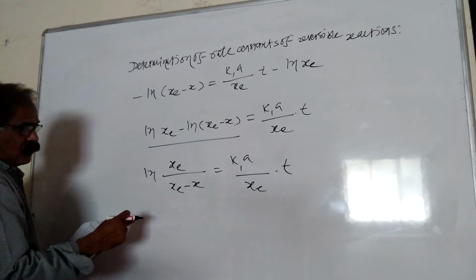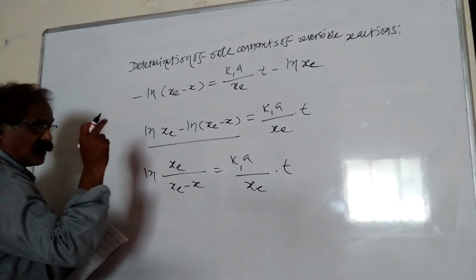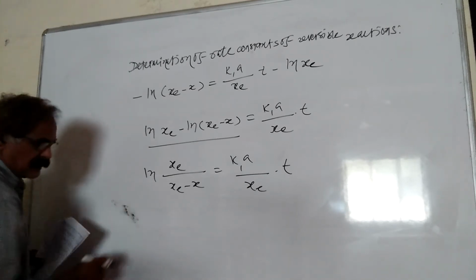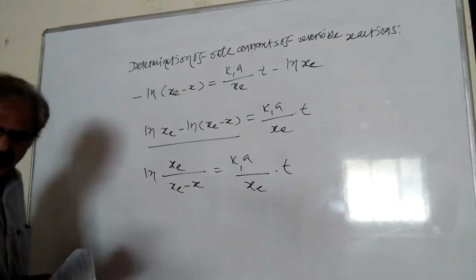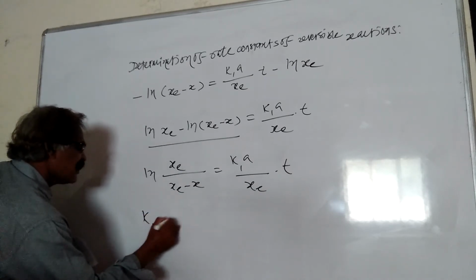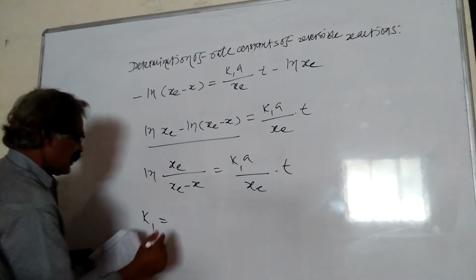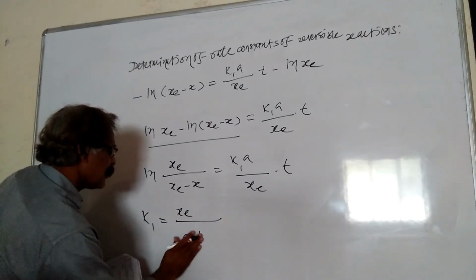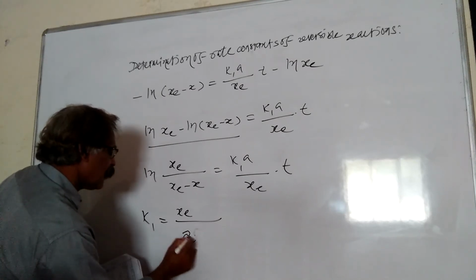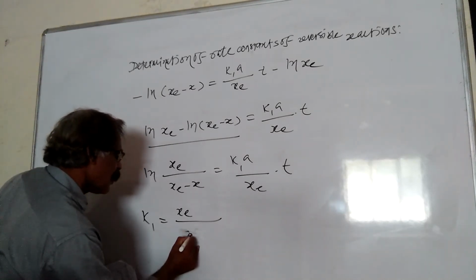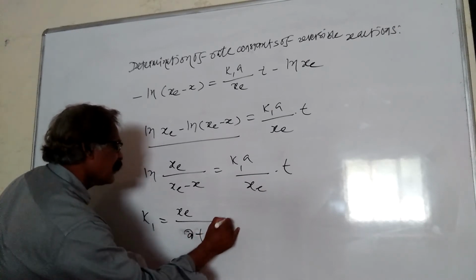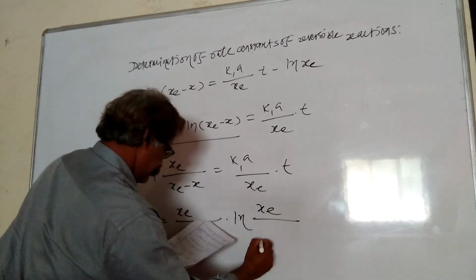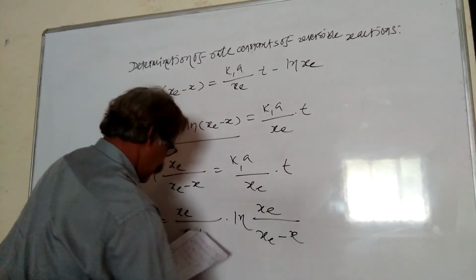Or we can rearrange this equation for k1, and we get k1 is equal to xe upon a into t into natural logarithm of xe upon xe minus x.